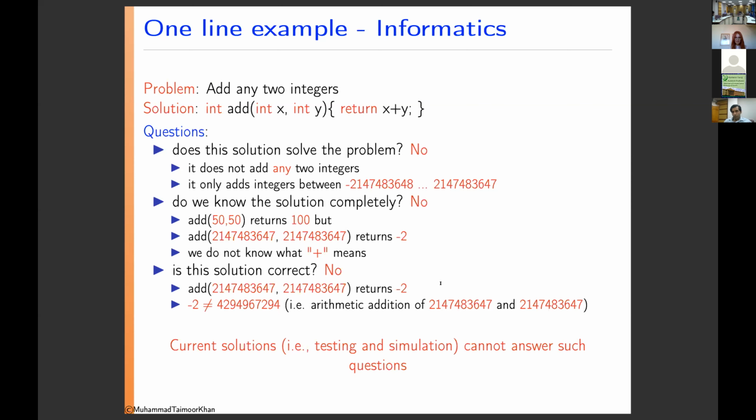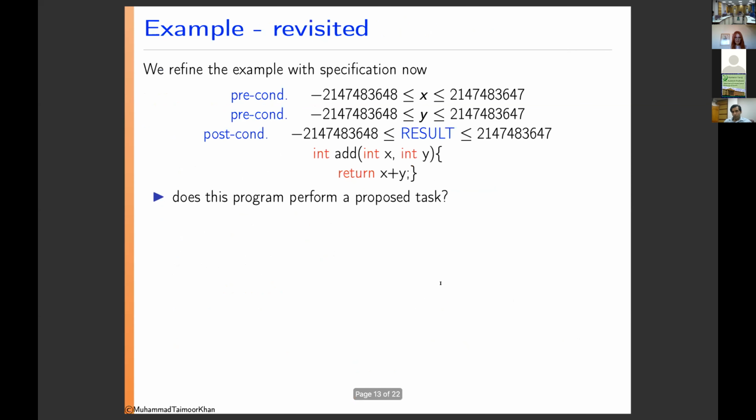And unfortunately, the current solutions like simulation and testing cannot answer these kinds of questions. So for this, we really need to look for solutions which are beyond simulation and testing.